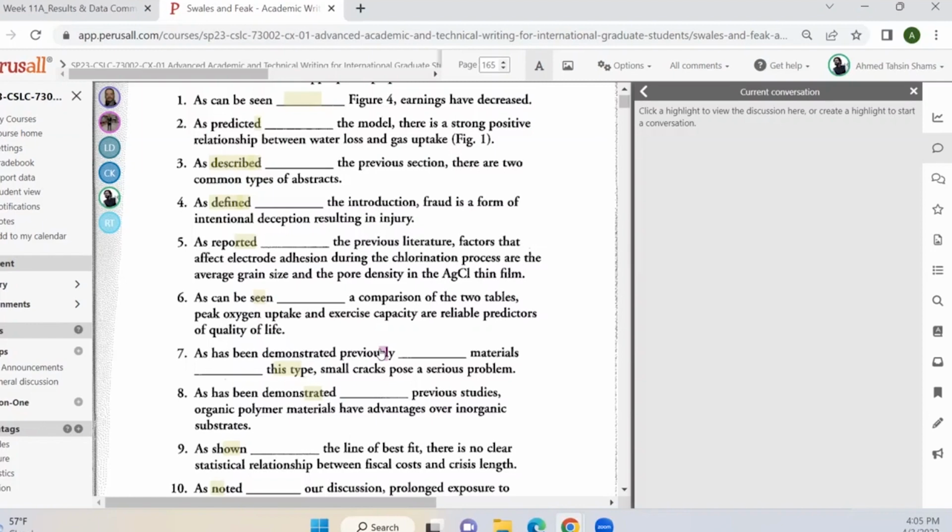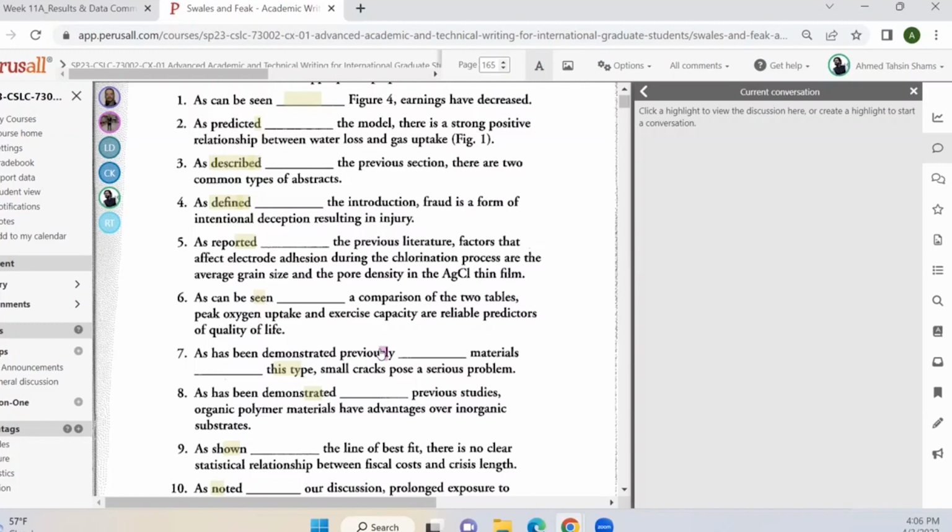Let's see number 7, it's a little different. "As has been demonstrated previously" with materials of this type is actually the exact one.